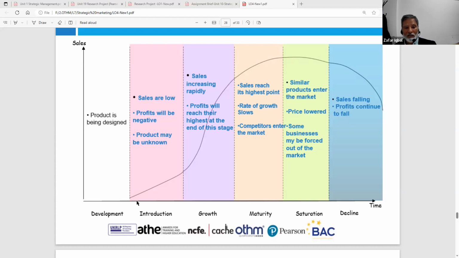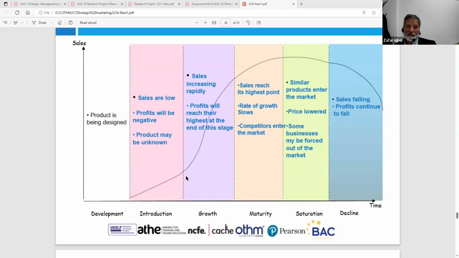Then it picks up from low sales, slowly and slowly, and goes through the introduction stage. Once it's gone through the introduction stage, it goes into the growth stage, where it becomes a fully grown product, and people are more willing to buy it.